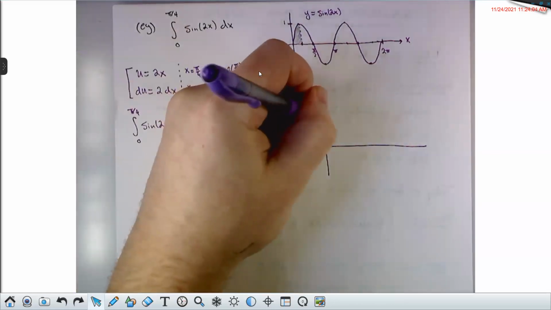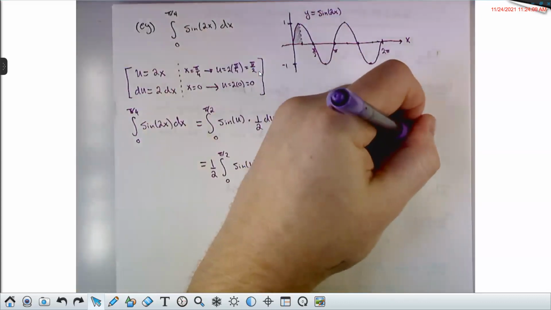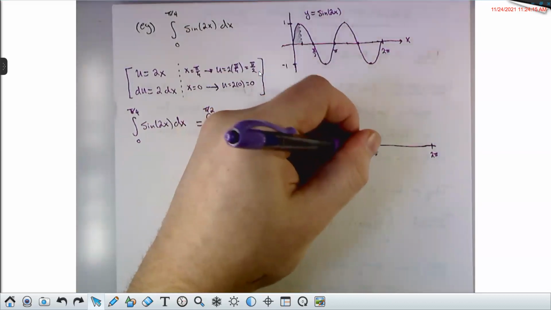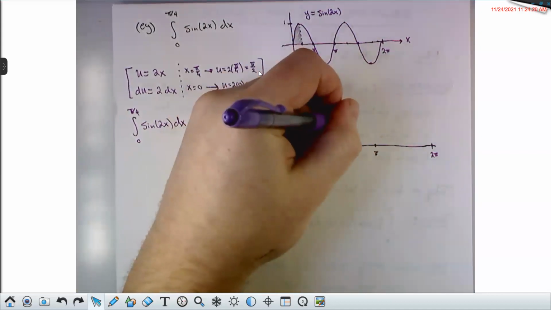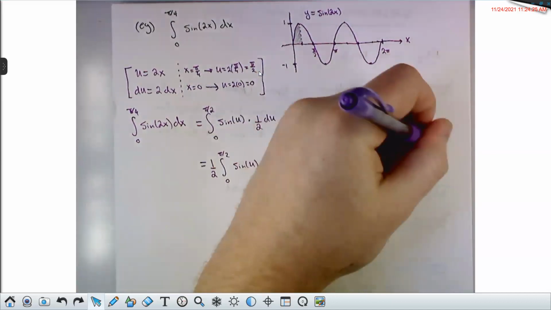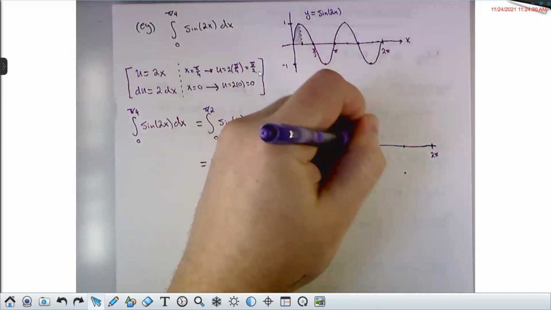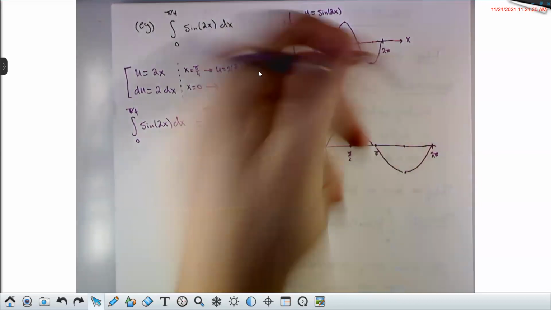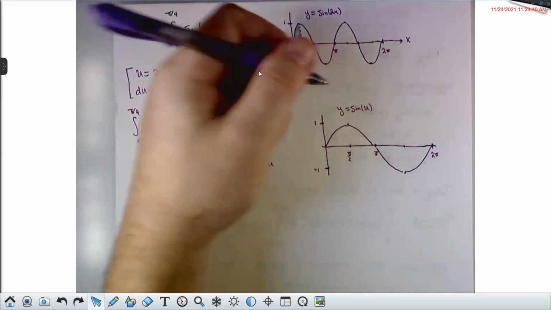I'll try to keep my scales similar so you can compare the areas. Here is the graph y equals sine of u.